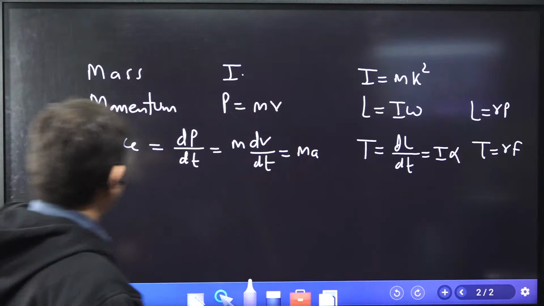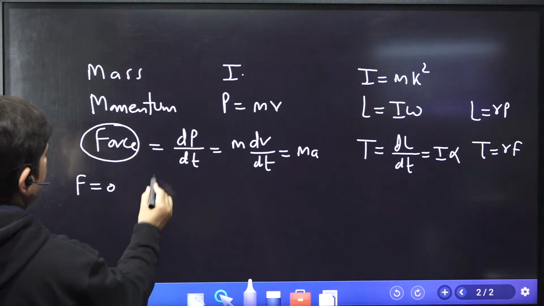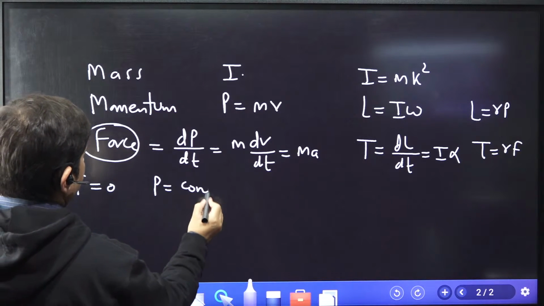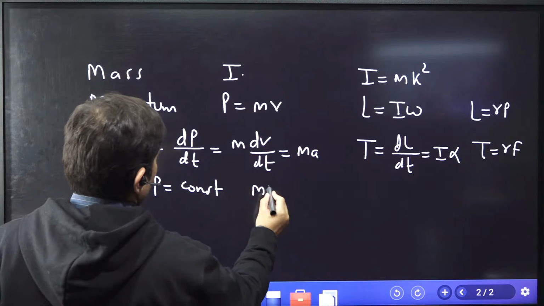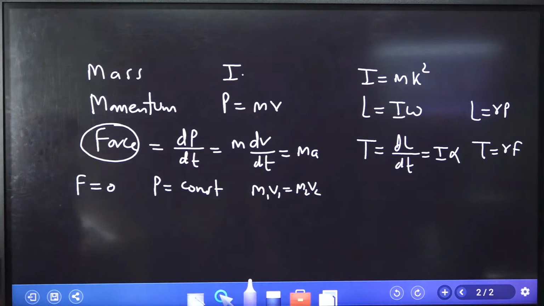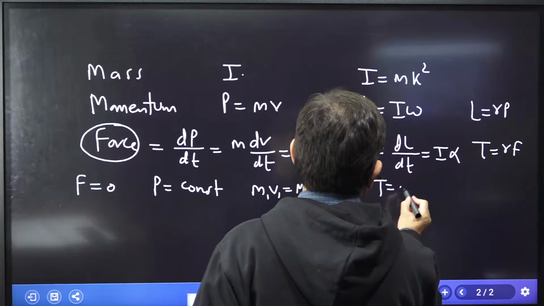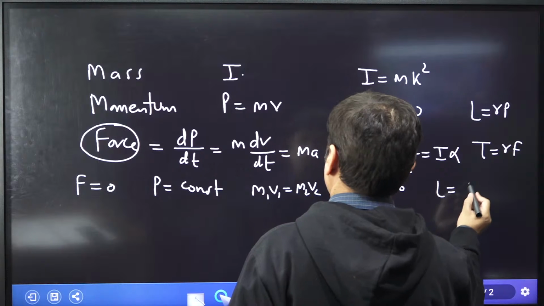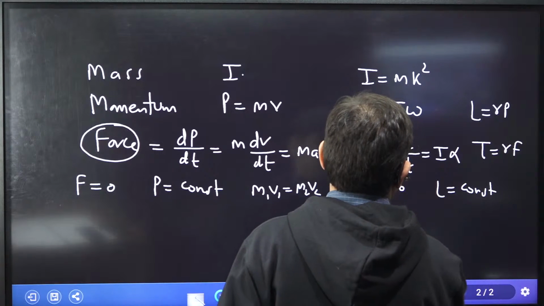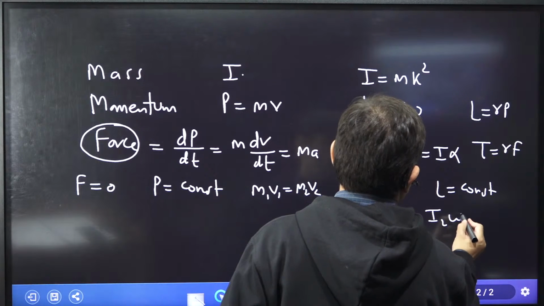Let me tell you again. If I say force is equal to 0, then P is equal to constant. What is the meaning of that? M1 V1 is equal to M2 V2. This concept is used in many places, something like collision. If I go here, if T is equal to 0, then L is equal to constant. That means I1 omega 1 is equal to I2 omega 2.